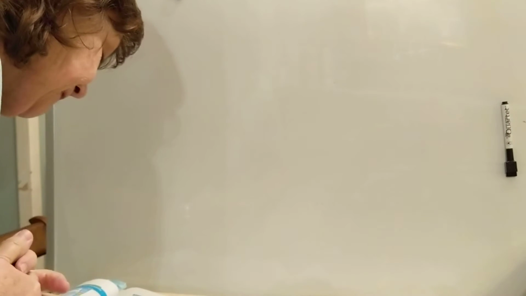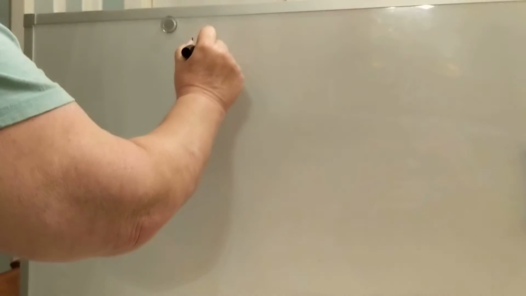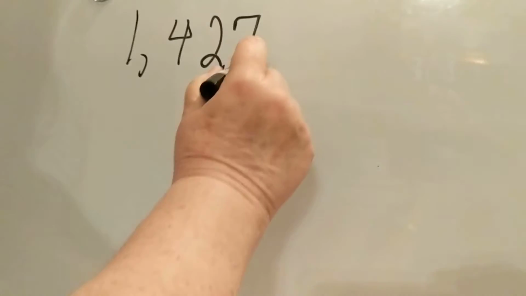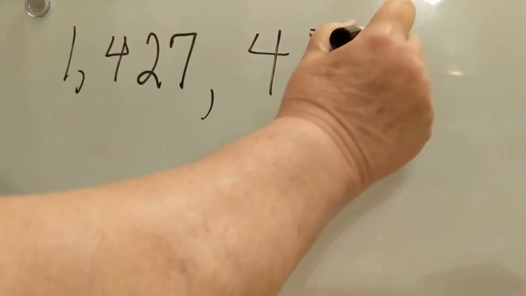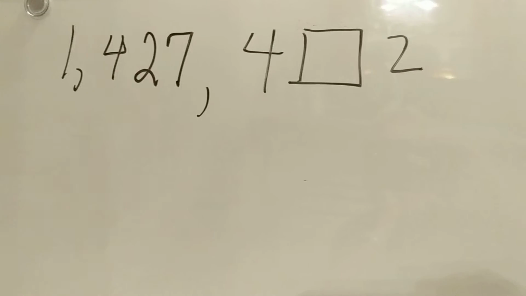All right, number 4. Find all possible single digits that can be placed into the square so that this number is 1,427,400 and something.